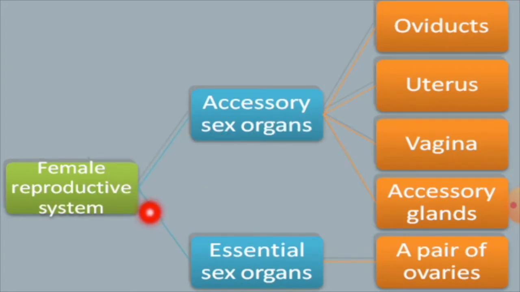Essential organs include a pair of ovaries, and accessory organs include oviducts, uterus, vagina and accessory glands. One by one, we will be discussing all these organs.